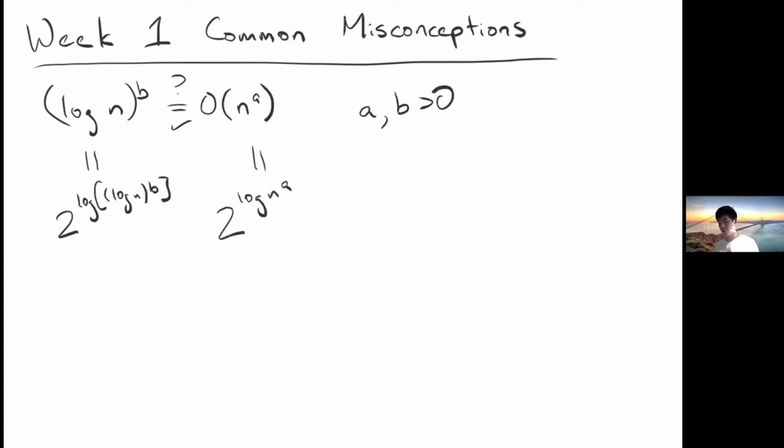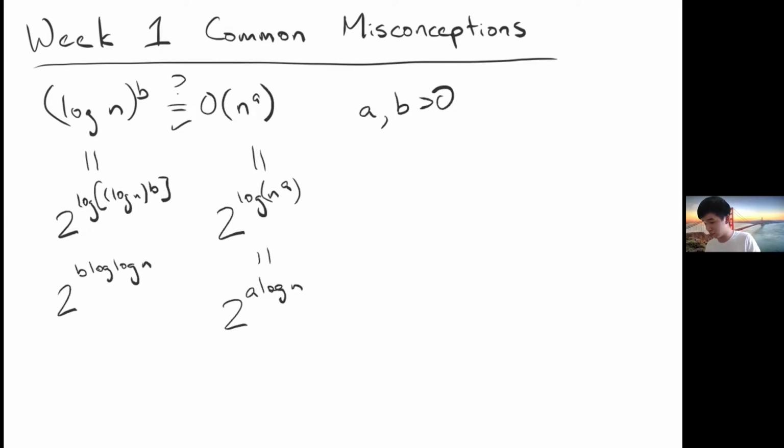It's just exponentiating and logging again. Then using some log rules, we can get this to look like 2 to the b log n, and this to look like 2 to the a log n. This is just pulling down powers inside the logs. Just to be clear, this is a log here, and that's the log of that.